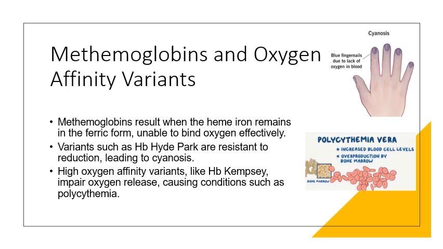Methemoglobin occurs when the iron in heme remains oxidized, as seen in Hb Hyde Park, resulting in cyanosis. Meanwhile, high oxygen affinity variants like Hb Kempsey limit oxygen release to tissues, often leading to polycythemia.